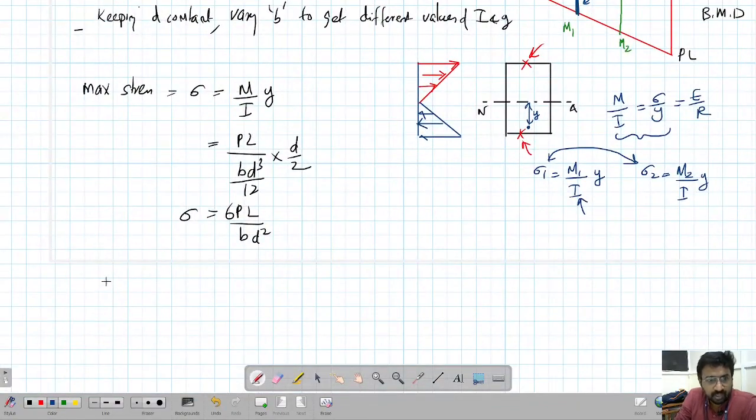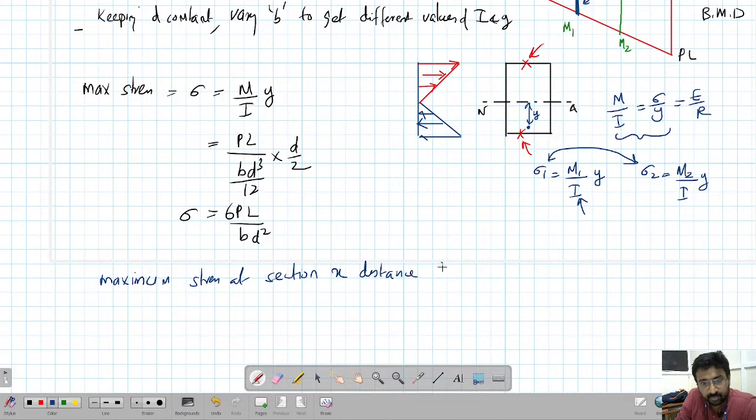So the maximum stress at a section x distance from the tip is sigma equal to M at x upon I of the section at x into y of the section at x.